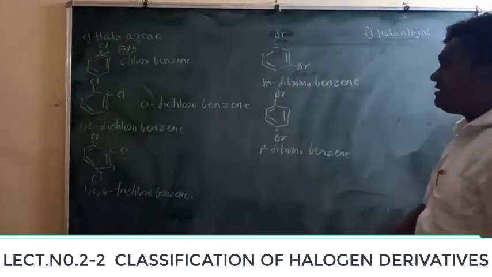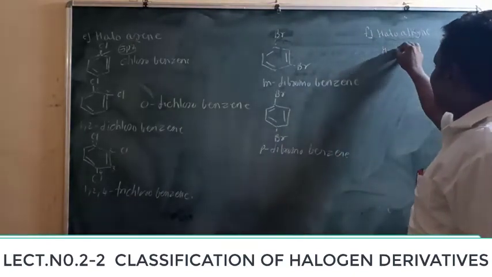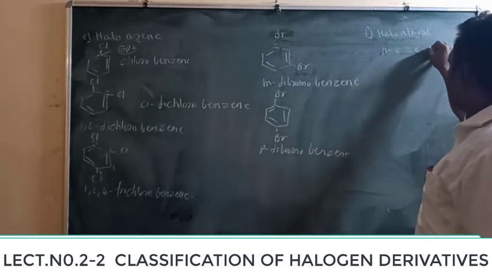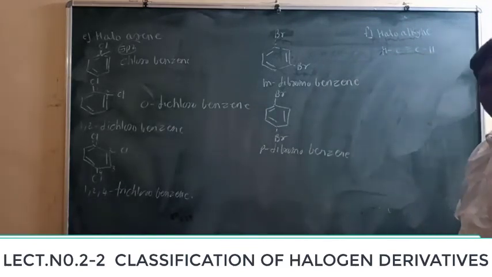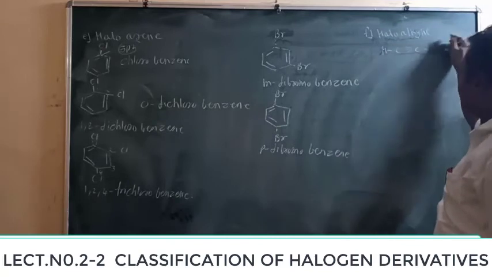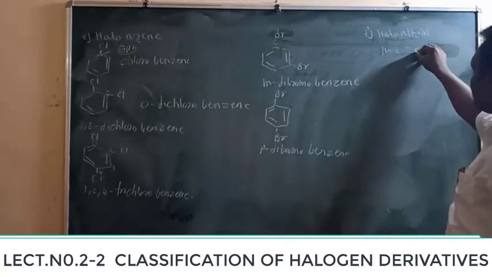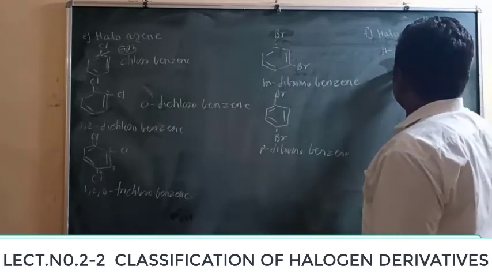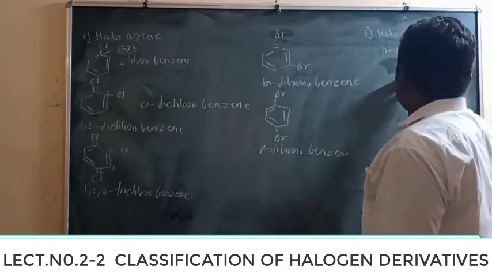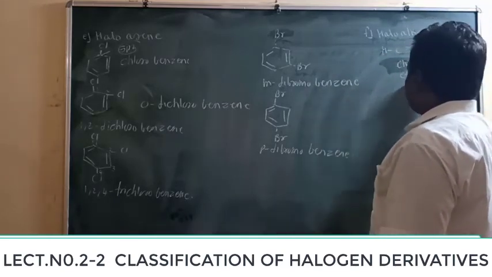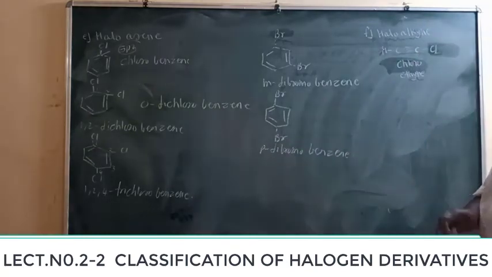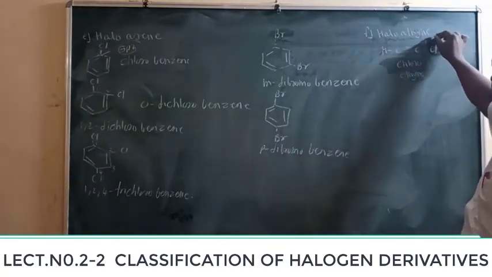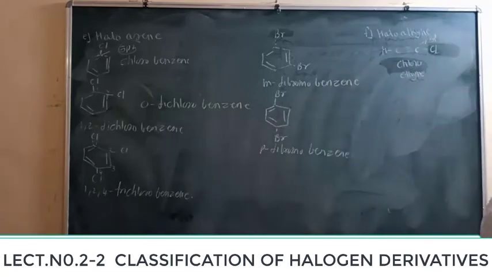And for haloalkyne, we know the example is HC≡CH, called as acetylene or ethyne. Just replace the hydrogen atom by chlorine. We will find this is called as chloroethyne. In this case, the carbon atom is sp hybridized.